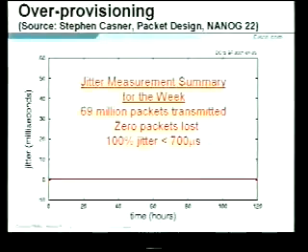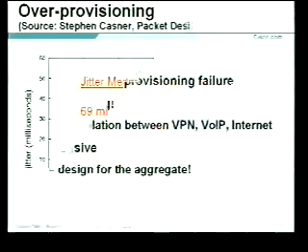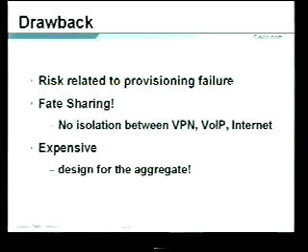However, although I say it works well, I think this scheme has drawbacks. Why? Because it's very risky. It's risky because if you miss your capacity planning and suddenly you have congestion, you do not isolate traffic. So if you have congestion suddenly, you will not treat your voice over IP packet better than your internet packet.